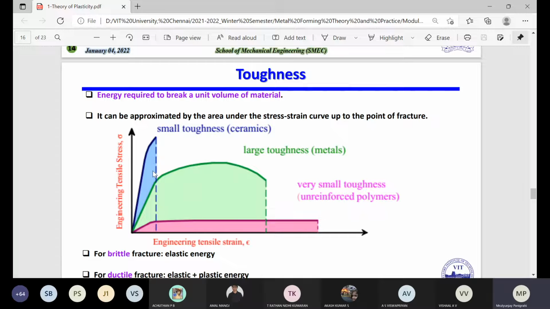That's why it is better to put them in one graph. If you are checking 3 or 4 materials, it is much easier to make a comparison in one graph, but if you put them separately, it will be difficult to compare. So in case of metal, you have large toughness, whereas polymers or composite kinds of material have very small toughness.